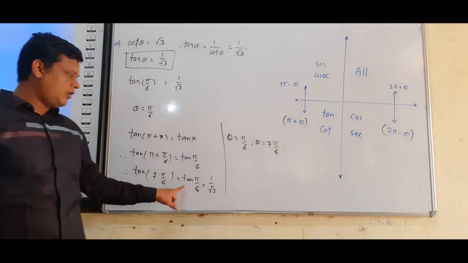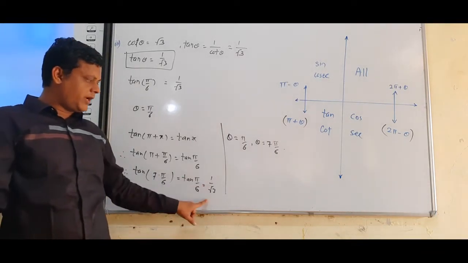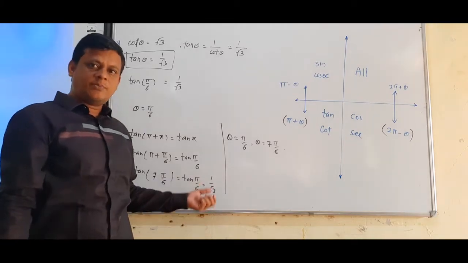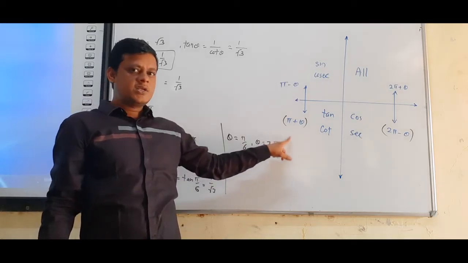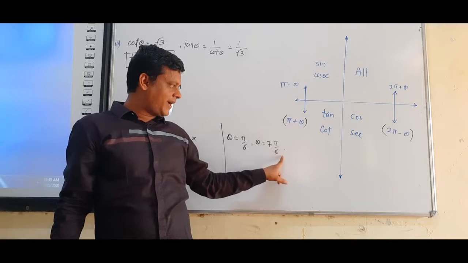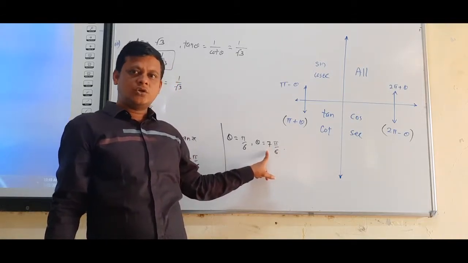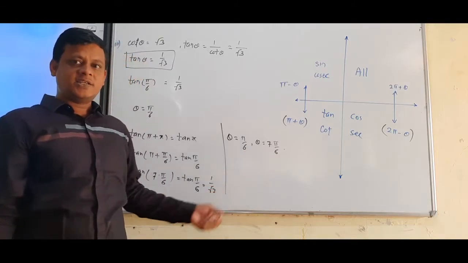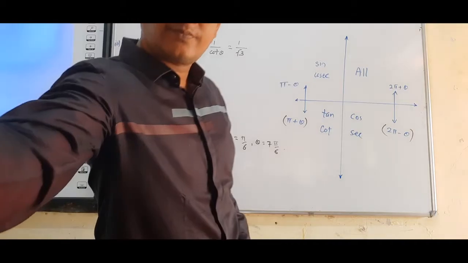That means the value of tan pi by 6 and of tan 7 pi by 6 is 1 by root 3. Therefore the principal solutions are theta equals pi by 6 and theta equals 7 pi by 6. You can check this value. Pi by 6 means 30. 7 times 30 is 210, which is less than 360. That means these are the principal solutions.